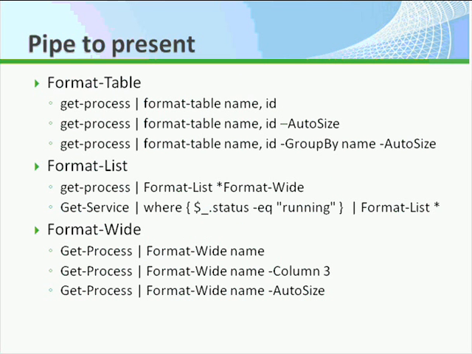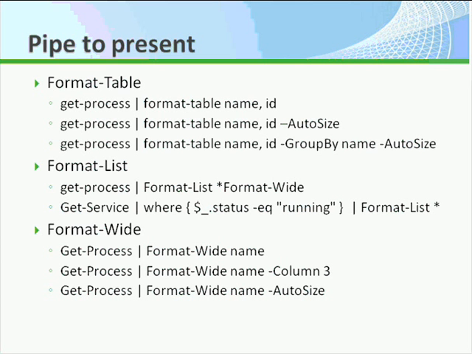I can use a format list, and that allows me to display a lot of information. And then the other thing that we can do is we can use format wide. And the nice thing about using format wide is that it allows me to choose a number of pieces of related information.